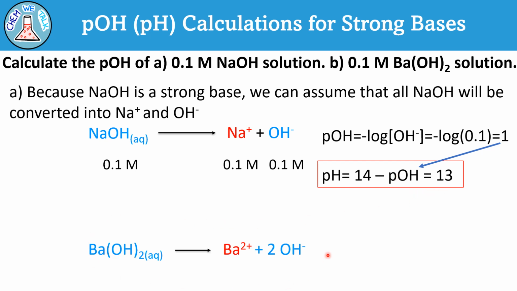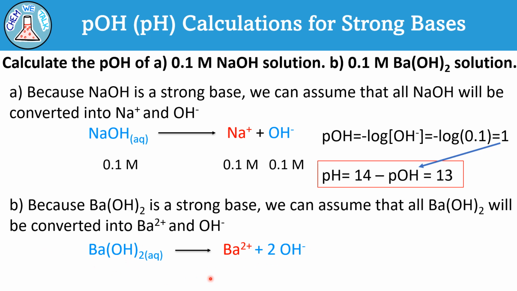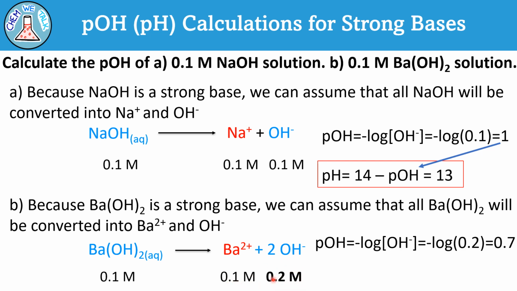Now going to the second example where I have barium hydroxide, this one's slightly different because now we have two hydroxides. It is still a strong base, so it's going to break apart completely, but for every one barium hydroxide, I'm going to produce one Ba2+ and 2 OH-. So if I start with 0.1 molar barium hydroxide, I'm going to produce 0.1 molar barium, but 0.2 molar OH-, and that's what we're going to use to calculate pOH now.